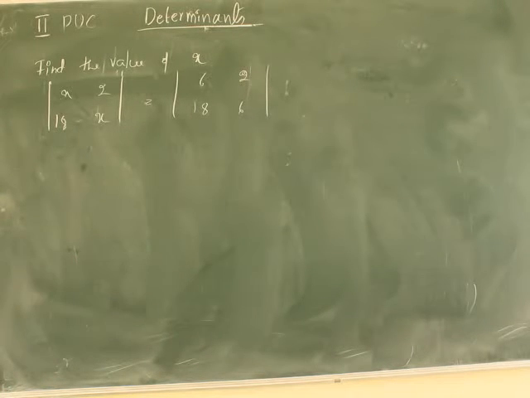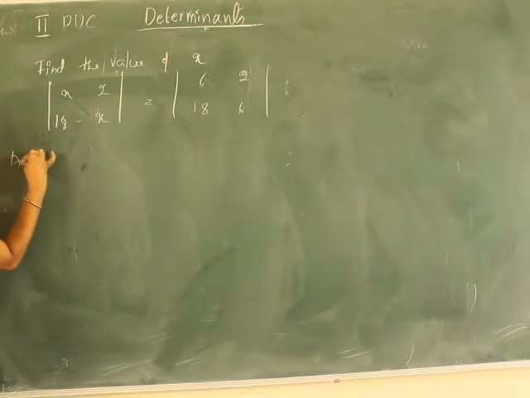So we have to find out what the value is. Then only we'll come to know. Directly we cannot add because it is a determinant value. So what is the answer? We have to expand.